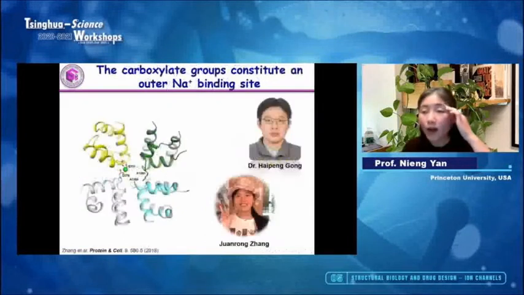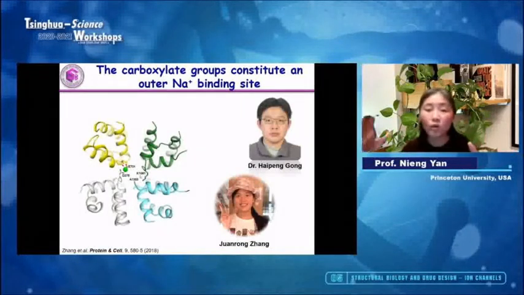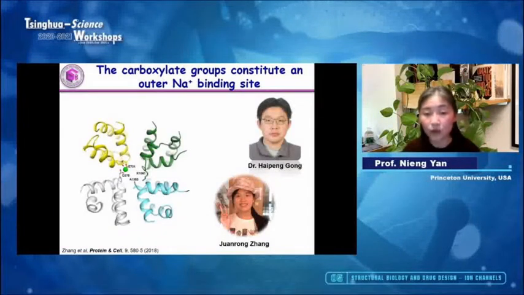In fact, when we collaborated with Haipeng, now a professor at Tsinghua, and his student, Juanrong Zhang, we identified a potential permeation path for sodium through the selectivity filter. We also identified a relatively stable sodium coordinating site constituted by DE and another invariant E in the second repeat, as shown here.